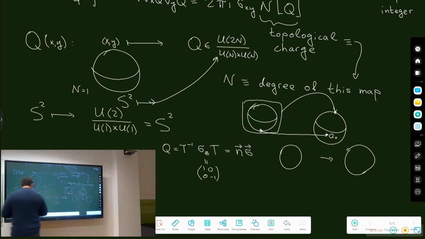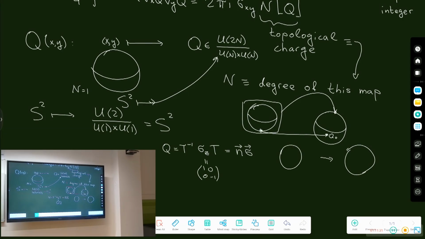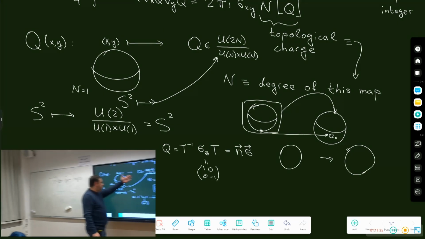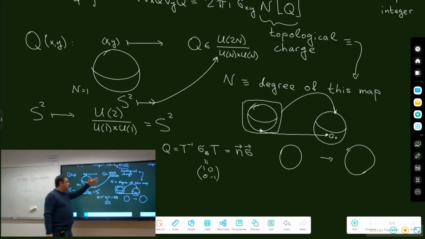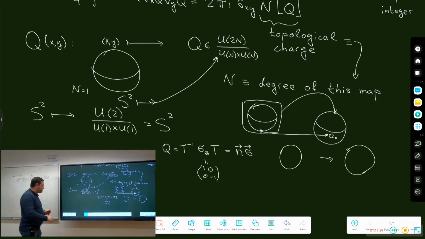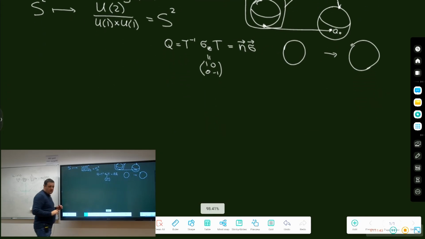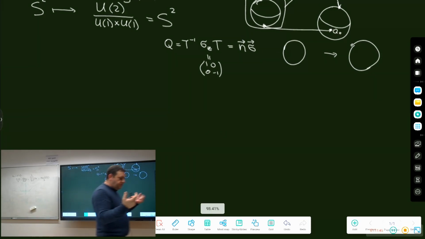Okay, so where did I stop? Degree of the map, topological charge, integer number. These are all different things that we say about this theta term. So what can we conclude?